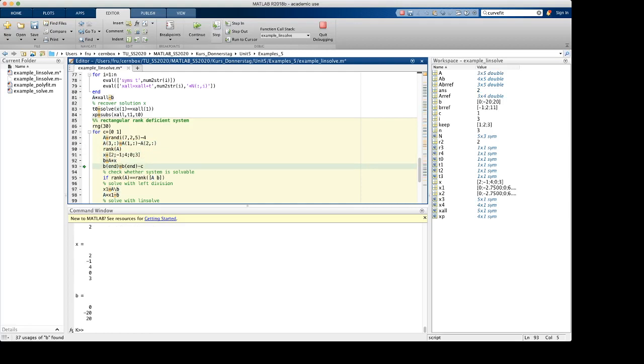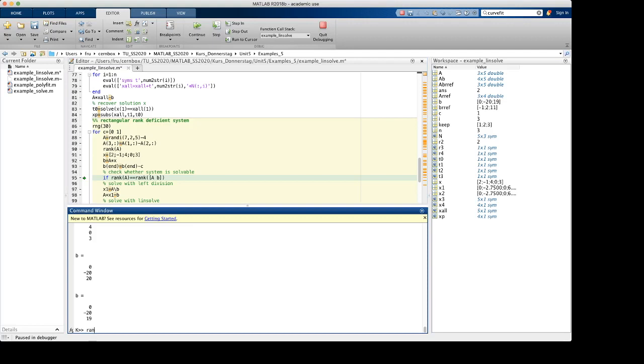And now we modify the right-hand side by subtracting 1 from the third row in this vector. b is now 0 minus 2019, and now the rank of the system matrix and the rank of the extended system matrix, they are different, and this means there is no solution.